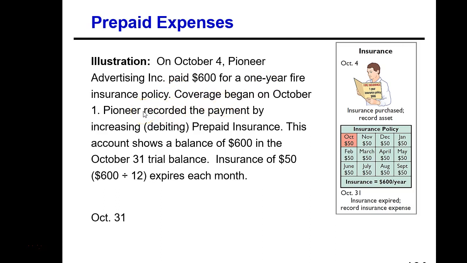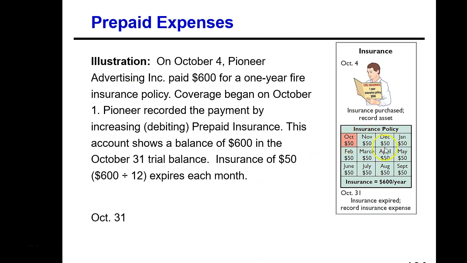On October the 1st, we debit an account called Prepaid Insurance in the amount of $600. Now, at the end of October, we have to make an adjustment. The adjustment says what portion of the prepaid insurance has been used by the end of the accounting period.